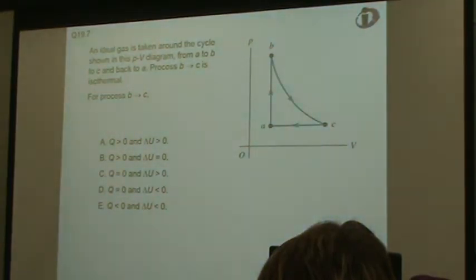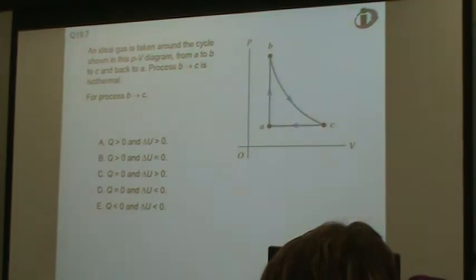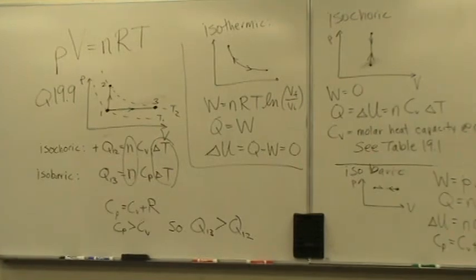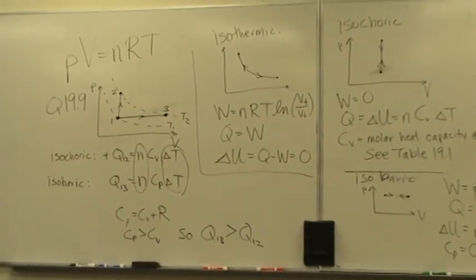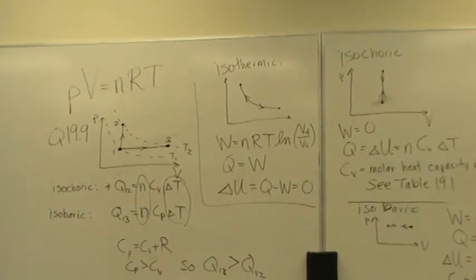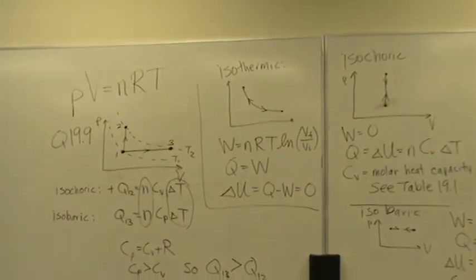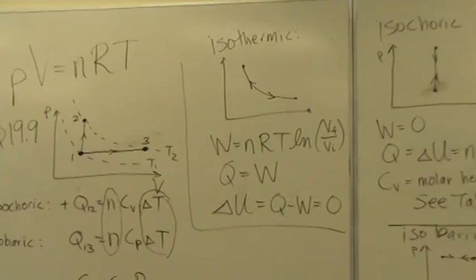All right, hopefully this one went fast. Who thinks the answer is A? Who thinks the answer is B? 1, 2, 3, 4. Maybe I didn't give you enough time to think about it. Anybody need more time on this? Okay, I'll wait.